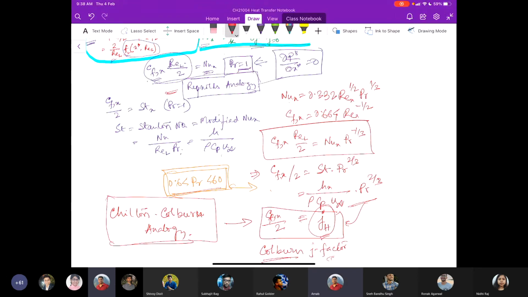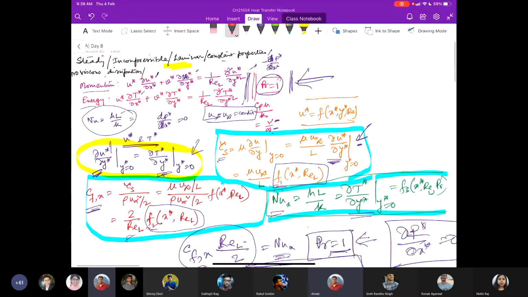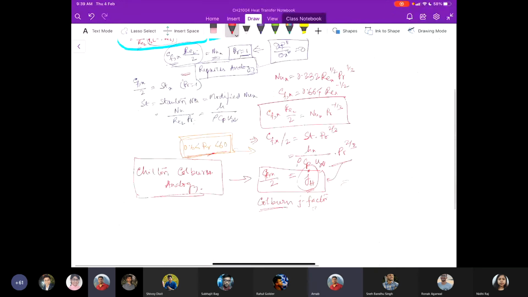Now, all these relations, particularly this Chilton-Colburn analogy for a wide range of Prandtl number, if you remember, were developed for flow over a flat plate, for which usually, as I said, this is 0. This is one of the criteria. Flow over a flat plate, this happens. We had laminar flow. These are the assumptions on which this relation is based.